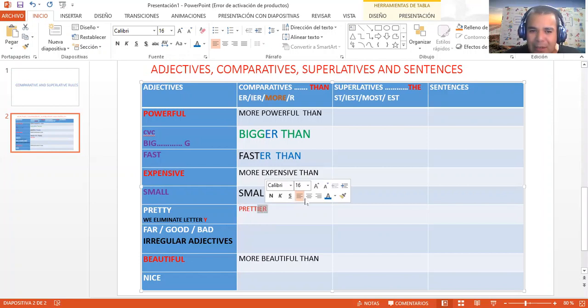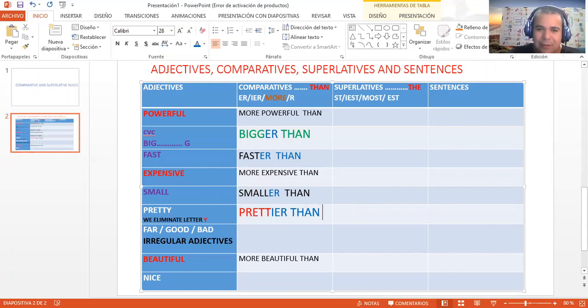So what is the meaning of these different bits that we write at the end of this structure? So remember, big is grande, pero si le añadimos el ER, significa más grande, correct. So that's the meaning of ER in Spanish.